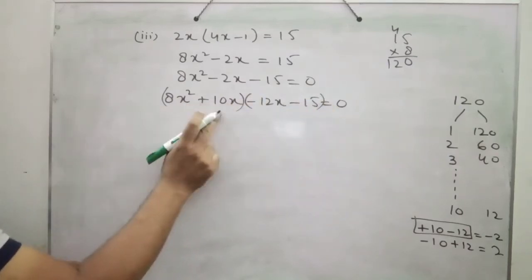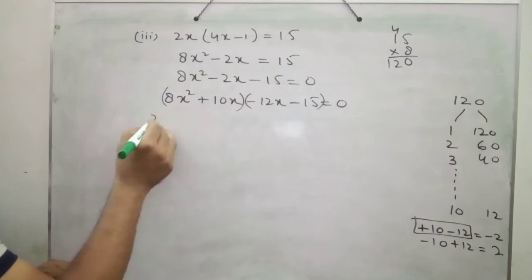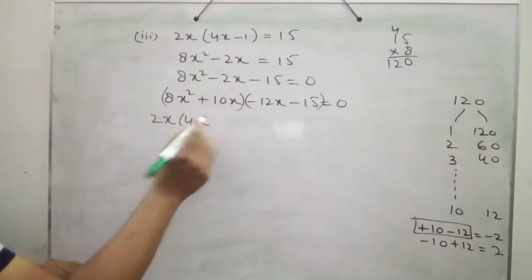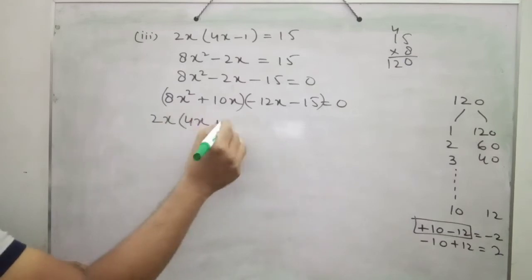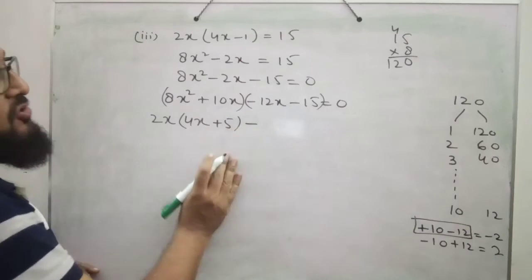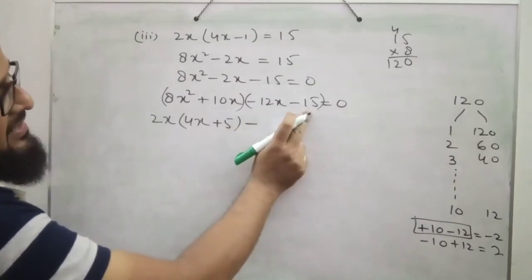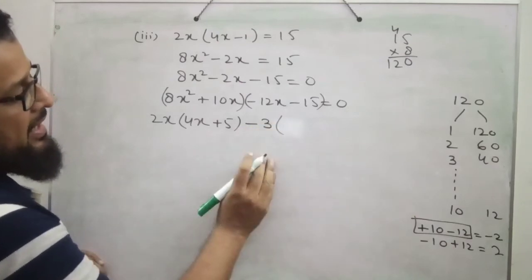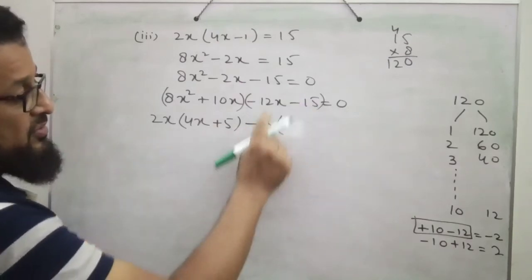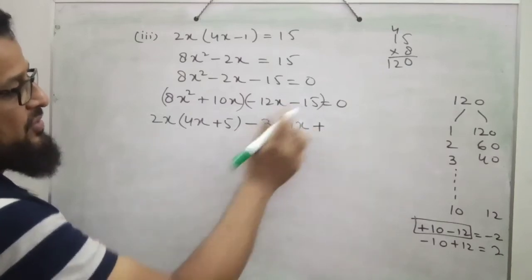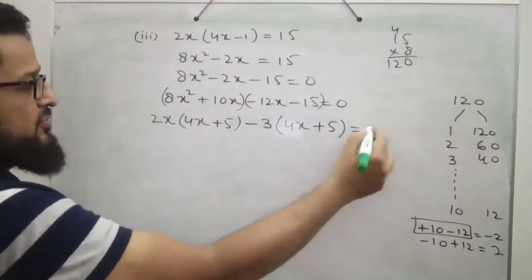Here you see there's a common 2 and the variable x, so 2 ones are 2, 2 fours are 8, so 4x, then 2 fives are 10, so here 5, because you took the x as a common outside. Here a negative sign as a common, and then you can see these two numbers come in the table of 3, so you can take the 3 as the maximum common, so 3 fours are 12, so 4x, and minus minus plus, 3 fives are 15, so 5 equals 0.